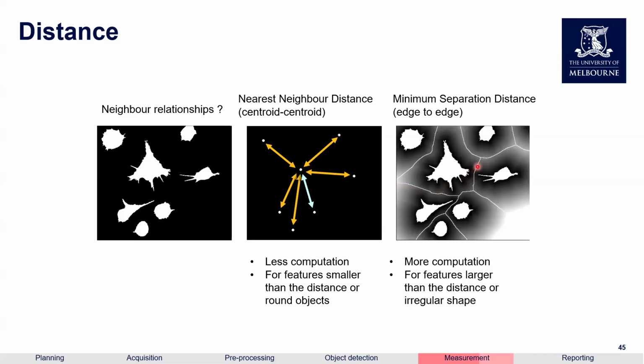But if the objects are large compared to their distance, and particularly when they are irregular in size and shape and have very different orientations, it may be more appropriate to measure the distance from edge to edge rather than between the centroids.